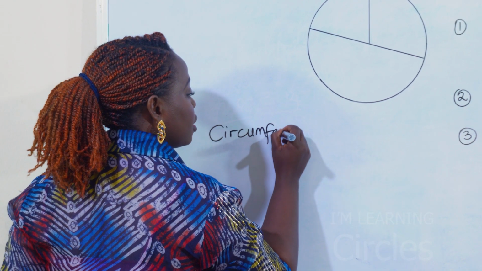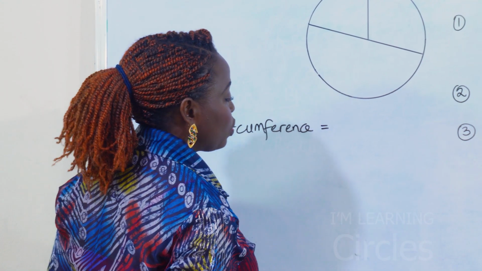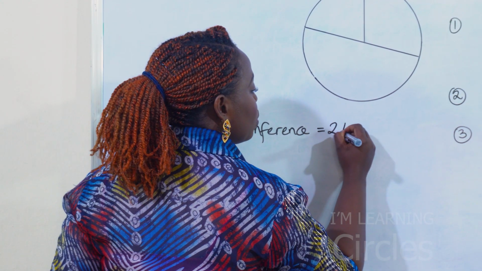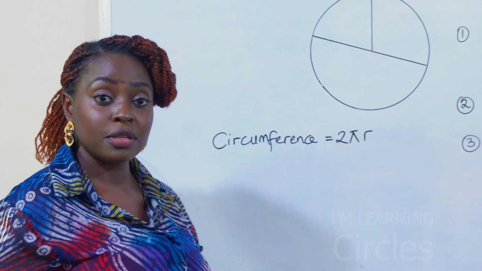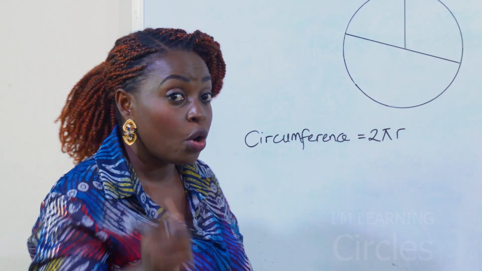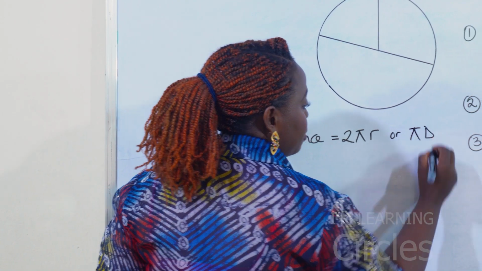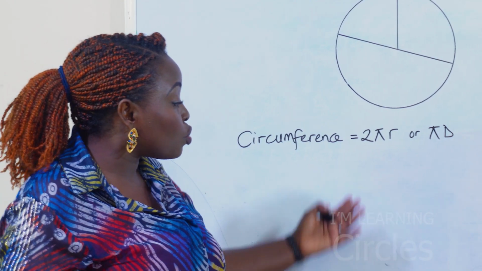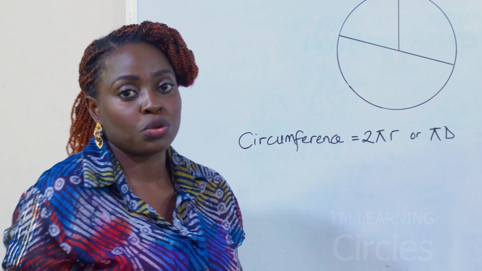Circumference is equal to 2 pi r. That means 2 times your pi times your radius, or pi d. So you either do 2 times pi times your radius or pi times your diameter, which is also twice your radius, right?